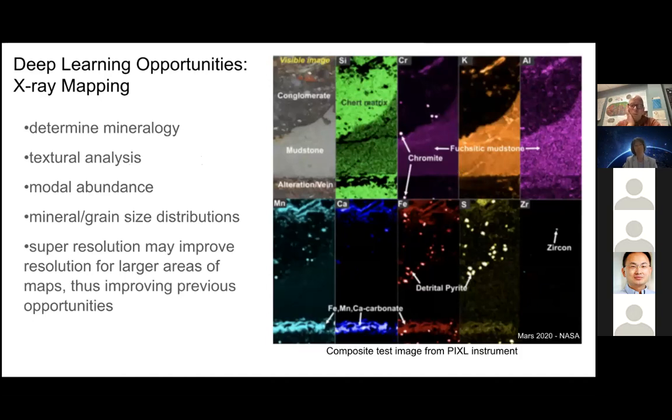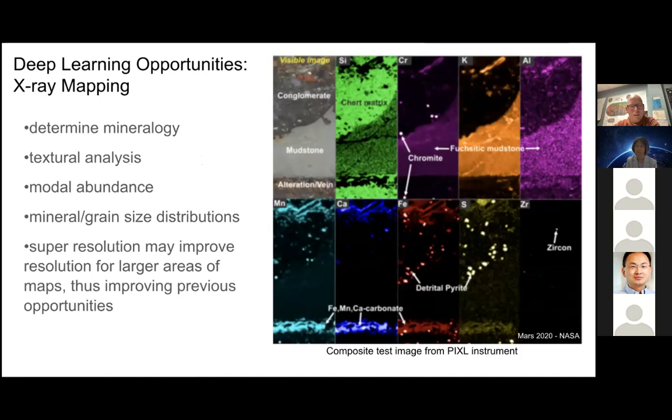So the image on the right is what I think is representative of one of these opportunities. This is a test image that's a composite from an instrument that I failed to mention from one of the earlier slides.